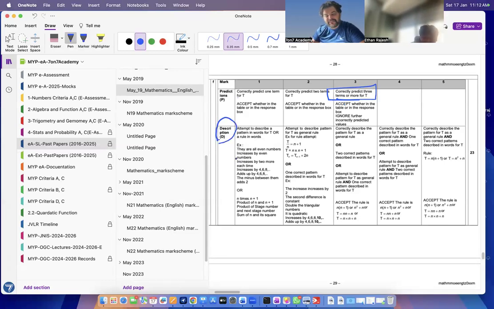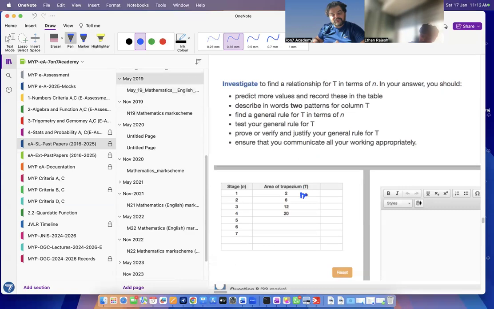What does description mean here? That is of 5 marks. When it comes to these 3 mark questions, description most of the time is writing the general term. So how will you get the general term? You try to get the pattern by looking at it: this is 1 into 2, this is 2 into 3, this is 3 into 4.